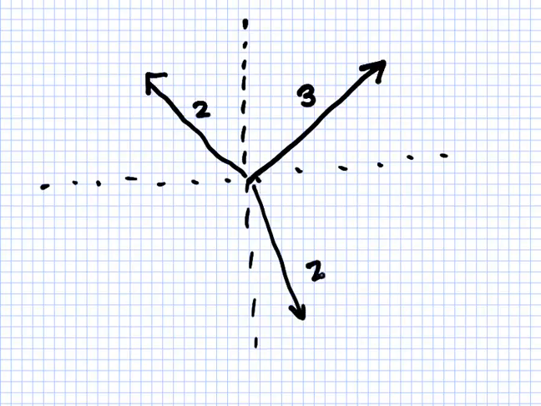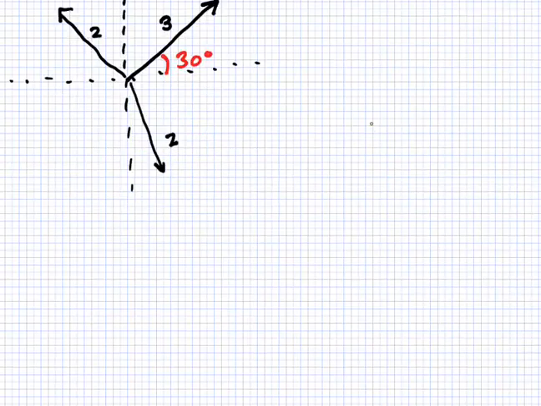Right, so for the first part, I ask for the i and j for this vector here, and I tell you that this angle is 30 degrees. And this is vector A. So when I look at this, I have this piece here, and this piece here. I'll call this x, and I'll call this y.